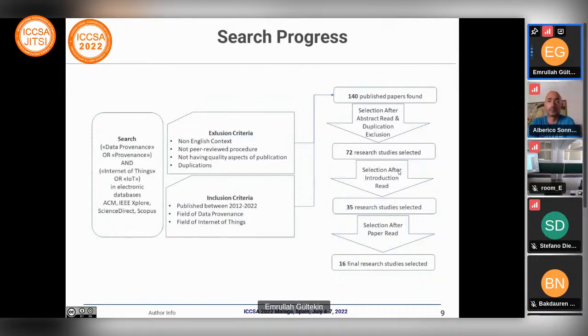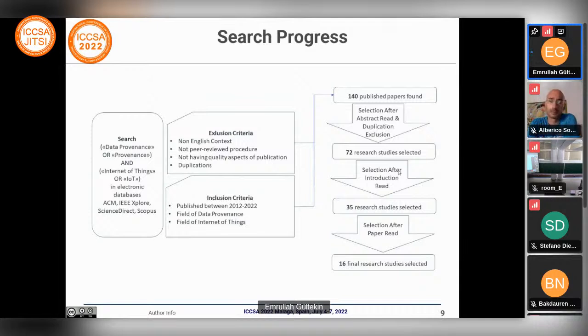Actually, we read the papers, and the articles reviewed in these digital databases mostly have these quality aspects. Therefore, we couldn't have any papers which didn't meet these aspects, because they are reviewed, and they are prestigious libraries.